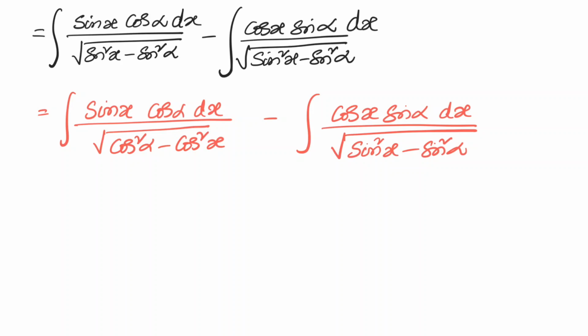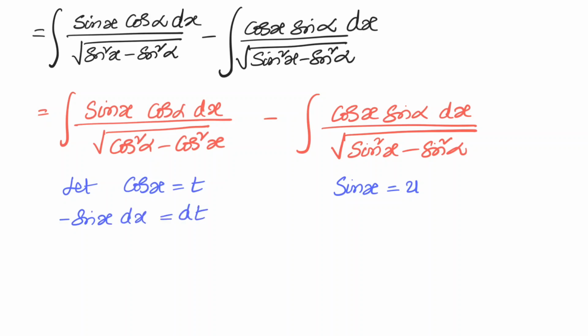Now that will bring down the integral from complex to simple, for which we know the standard forms: integral of 1 by root of a square minus x square, or integral of 1 by root of x square minus a square, for which we already know the integrals.